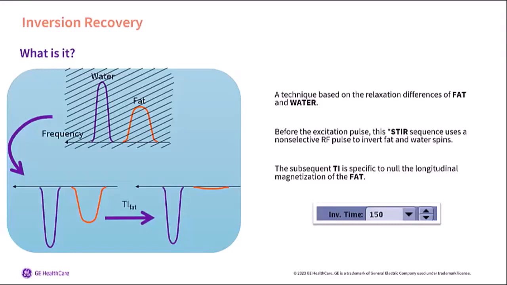The time between the 180-degree inversion pulse and the 90-degree acquisition is the TI, or our inversion time. Tissues with a T1 relaxation time different to fat will produce signal because they either have not yet reached the null point or have recovered past it.